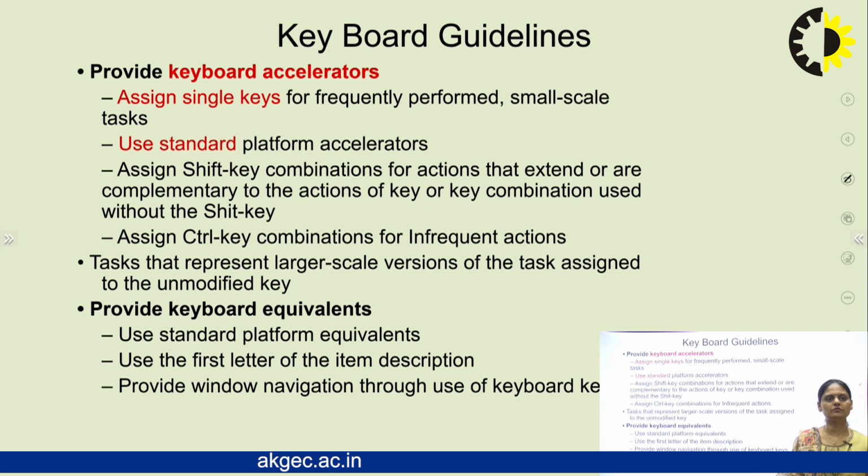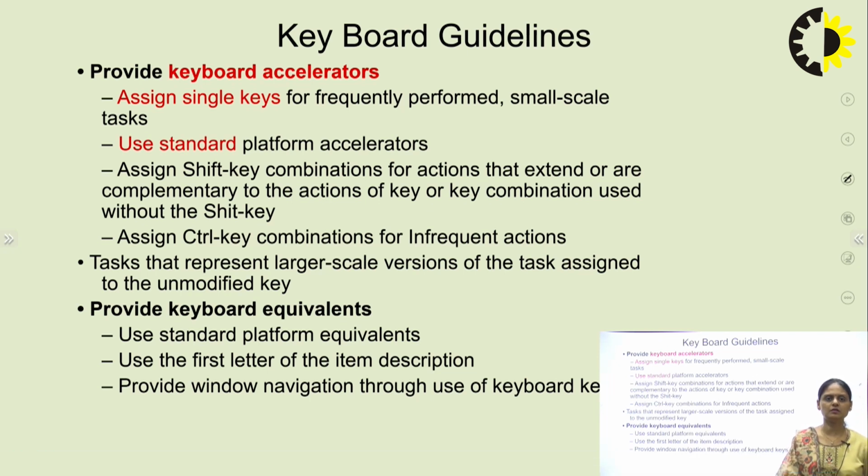We just press F2 and we get the work done. So this is one of the shortcuts. Use standard platform accelerators so that the user does not have to learn them every time. If different applications have different standards and different keys, it is very difficult for the user to learn. That is why we go for standardization.